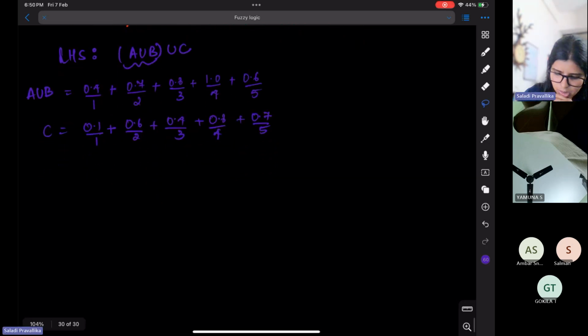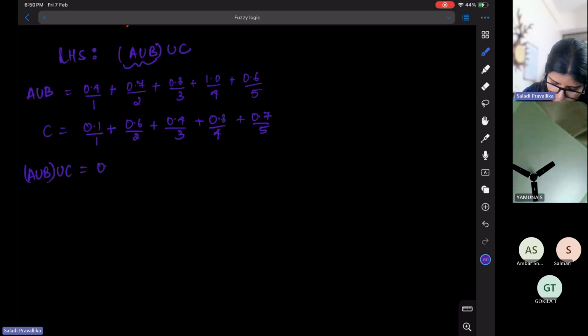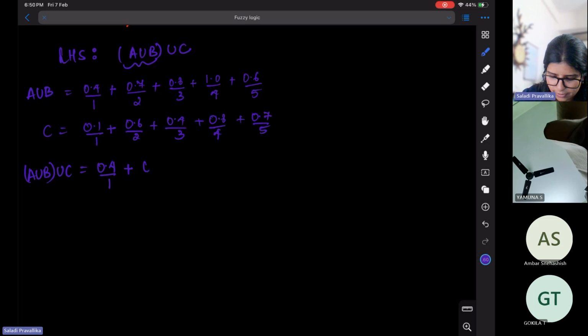Now let us take the union between both of these fuzzy sets. A union B union C is equal to, so union means you are going to take the maximum membership function value. So 0.4 for 1 plus 0.7 for x equal to 2 plus 0.8 for x equal to 3 plus 1 for x equal to 4 and 0.7 for x equal to 5.